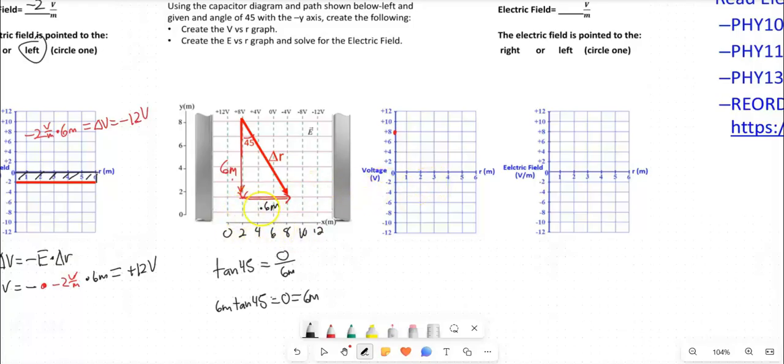So we know it starts off at positive 8 volts, and at 6 meters away, it's going to be at negative 4 volts. So this is going to be our graph. Okay, let's figure out that slope.